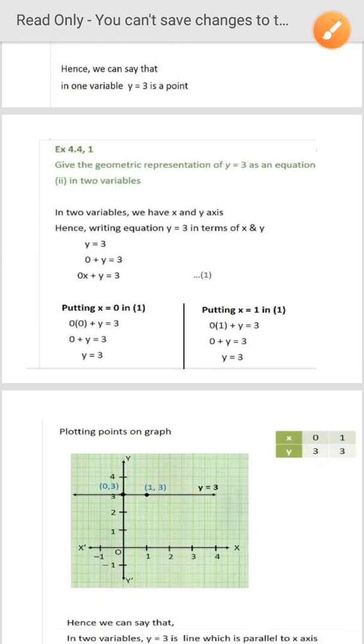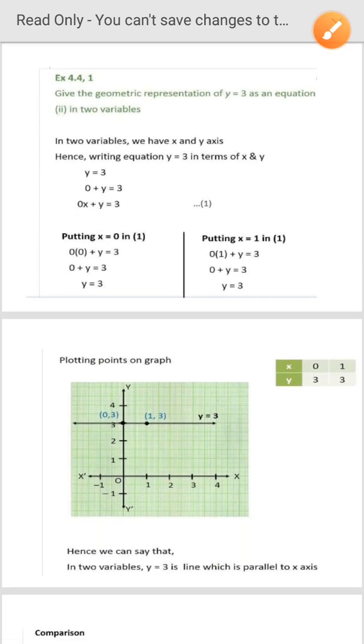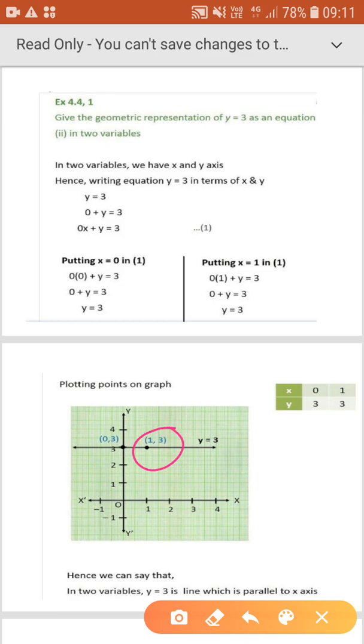Let us see how do we get the graph of this line. Now when we plot the graph, it will be a line parallel to the x-axis, like you have plotted the points and join them. So you can see that all the points, when you join that, you get a line which is parallel to the x-axis. So always when you have a question like this of the form y equals to a, you are going to get a line and which is parallel to the x-axis.